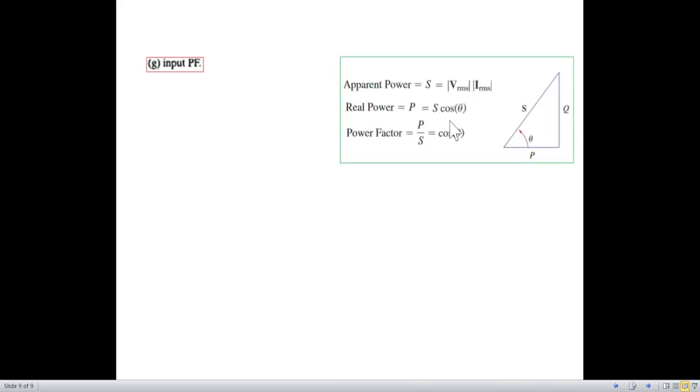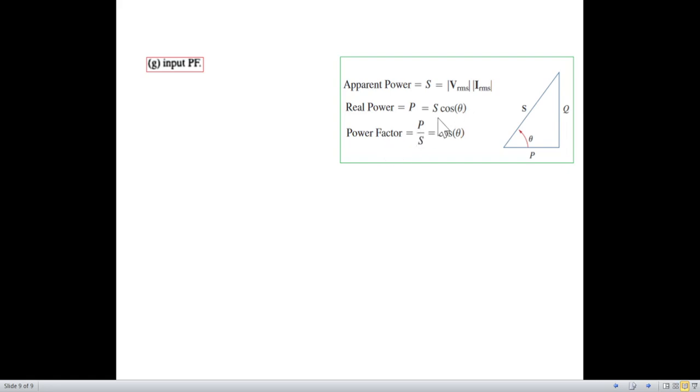And finally, the input power factor. Power factor also I had explained in my previous video. If you use the power triangle, this is the real power, imaginary power, and apparent power. The real power can be written as P equals S cosine theta.